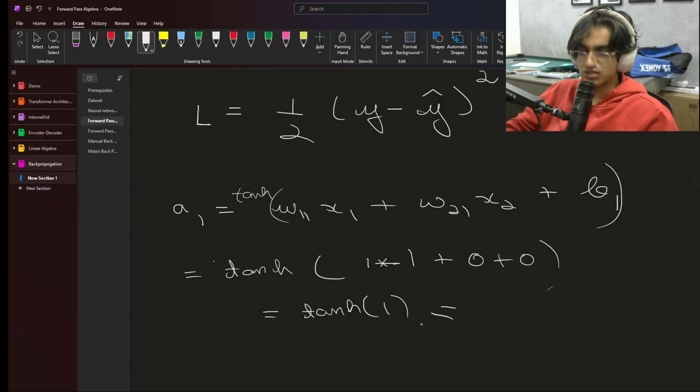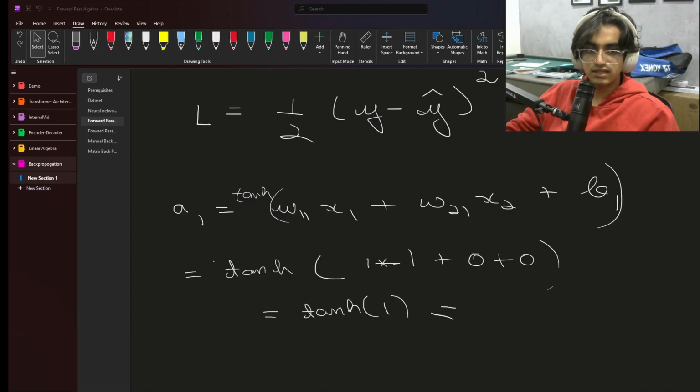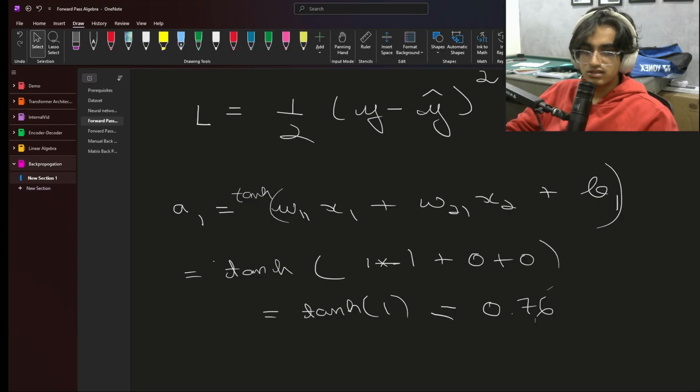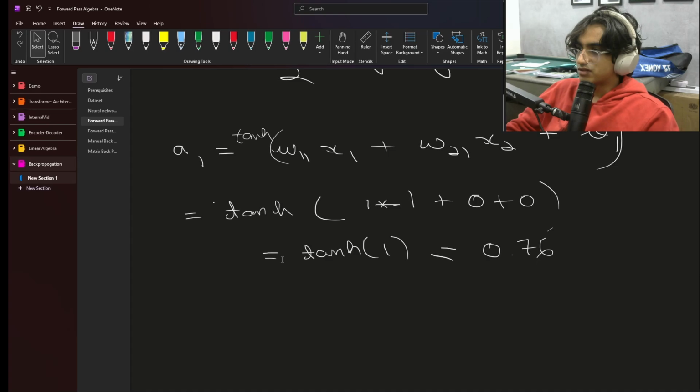Let me just take out my scientific calculator and tell you what that is. This is going to be 0.76. Similarly, we're going to get A2 and A3. Again, just substitute the formula.